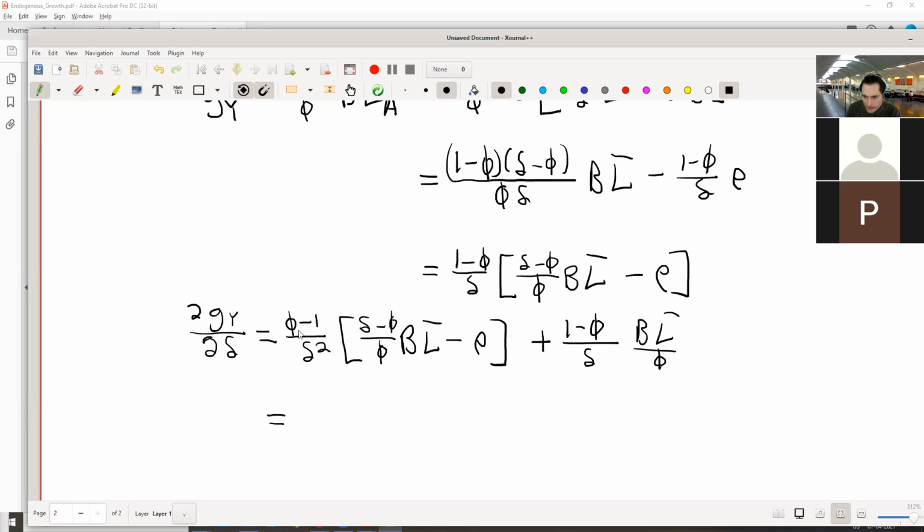Looks like we can simplify a little bit here. So you can see here that I've got, okay, let's do a little bit of multiplication. I'm going to do a phi minus 1 times delta divided by delta squared. Phi minus 1 times delta divided by delta squared times B L bar divided by phi.